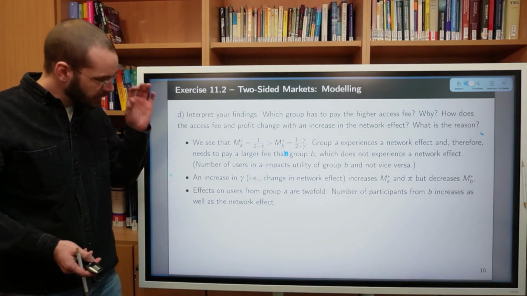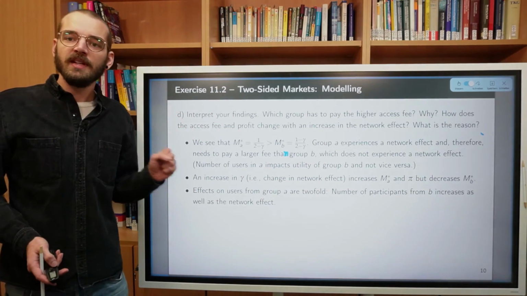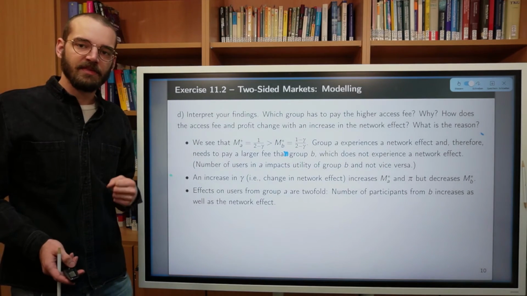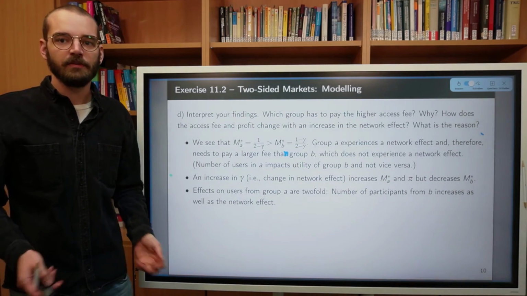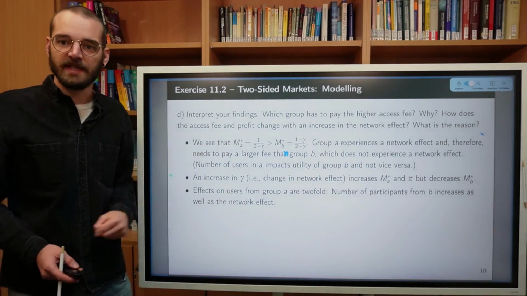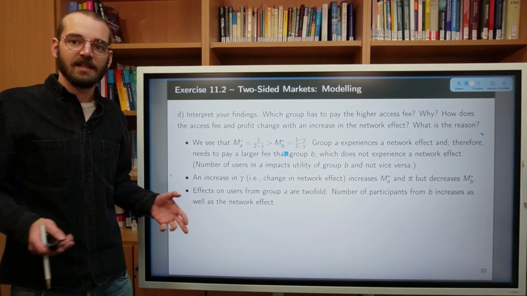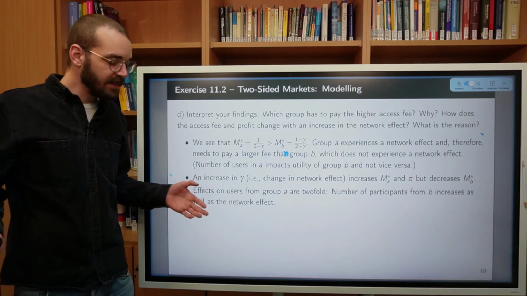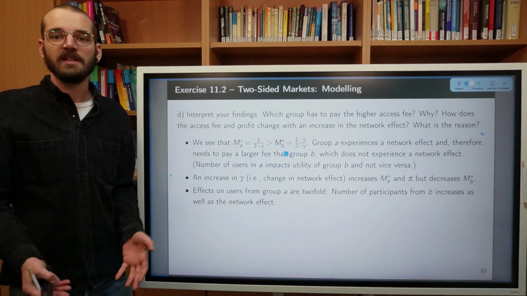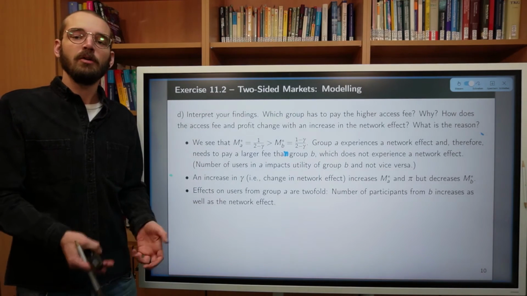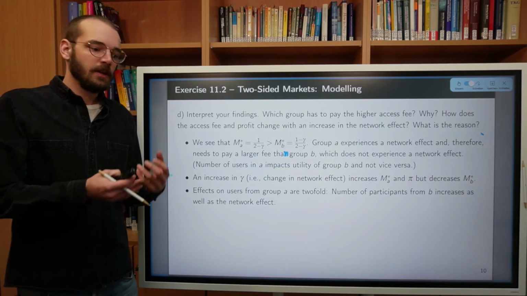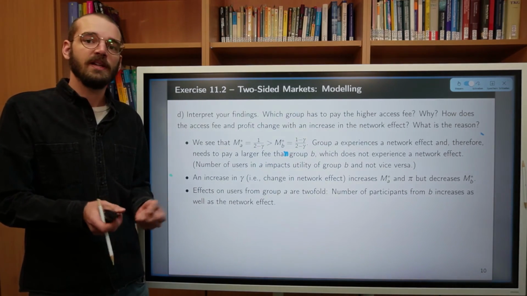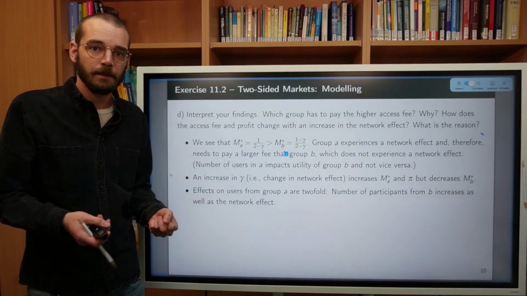You can even go back to the utility function itself and consider what happens if the spillover effect is larger for one group than for the other. And that's exactly what's happening here. You will realize that for any given intrinsic utility of using the platform, a larger spillover effect will imply that the respective group is willing to pay a larger fee as well.